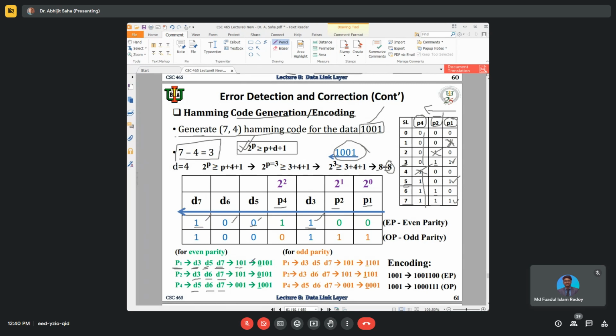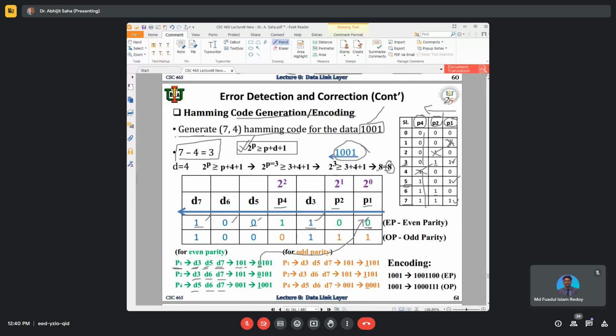That is 1, so you write 1. Now you have these 3 bits, and you have to check whether the number of 1s is even or odd. It is already an even number, so that's why we have added 0 here. This 0 is my P1.